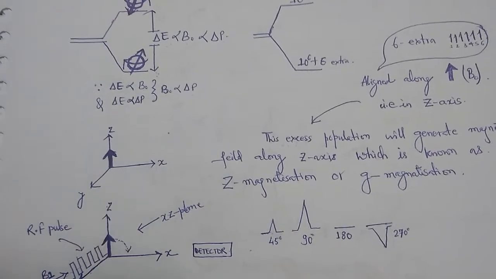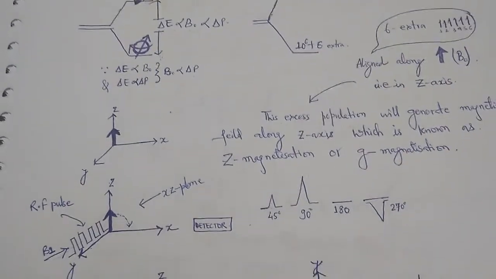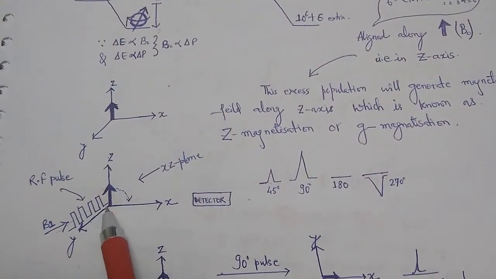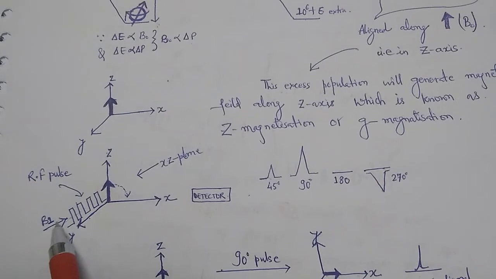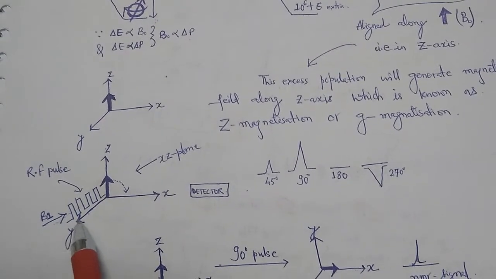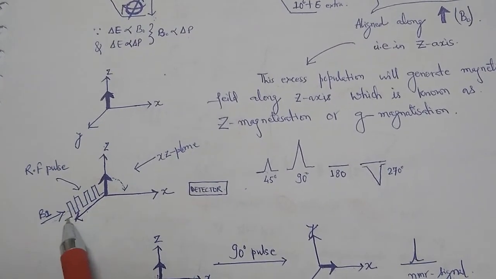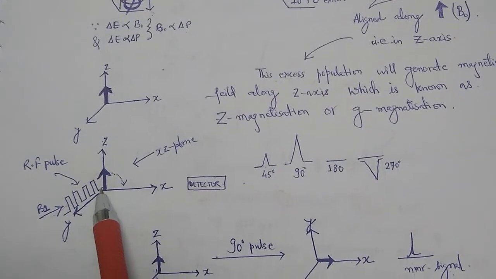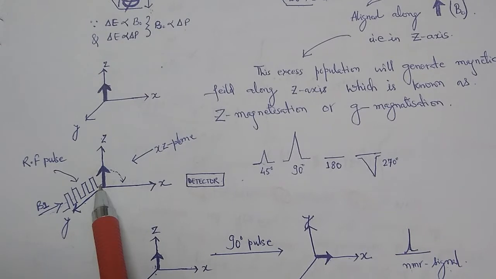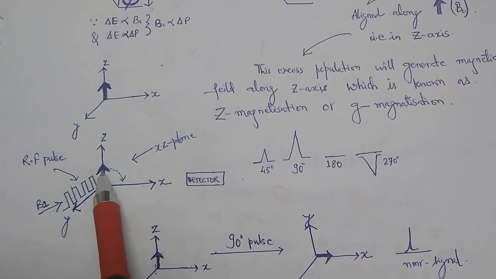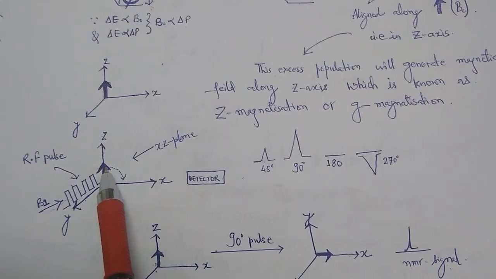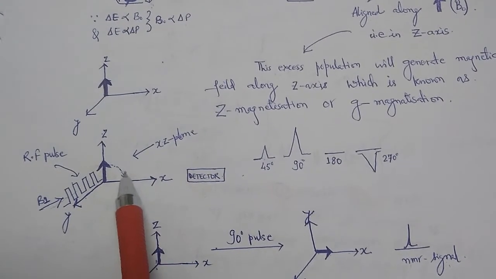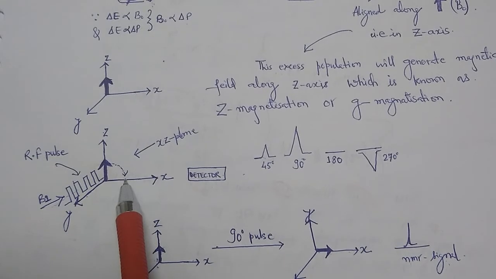As soon as we apply the radio frequency, let's say from the Y direction, the radio frequency will be applied in the form of a pulse. Those spins which are aligned to the Z axis will now rotate towards the X axis.